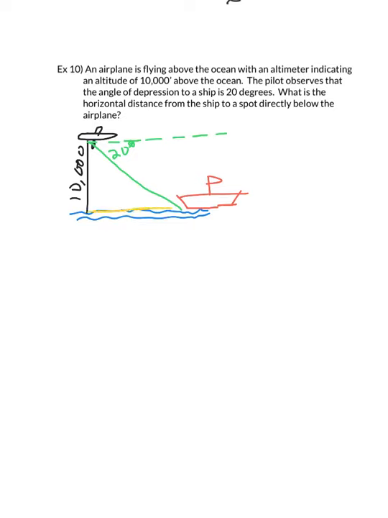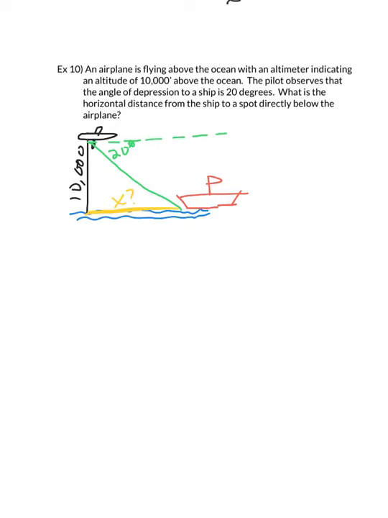So we are being asked to find this distance. You have to be careful on this because the angle of 20 degrees is outside of our triangle.